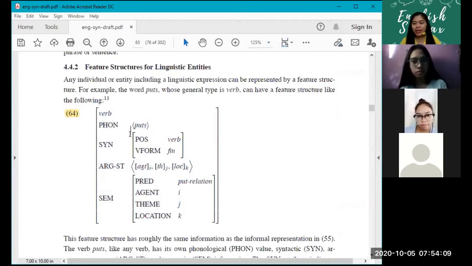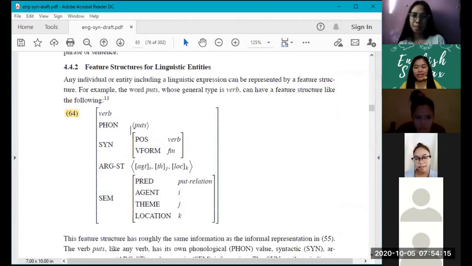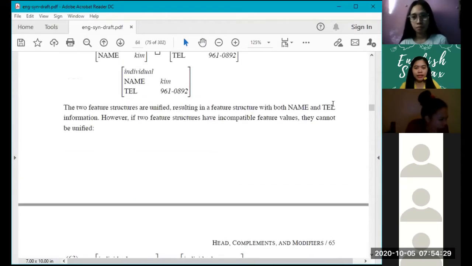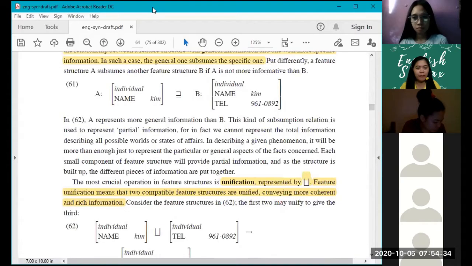That's why it's very important that we discuss this one, especially that we are going to mostly use this in our analysis and discussion. So let's start.